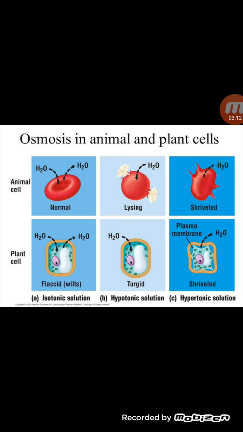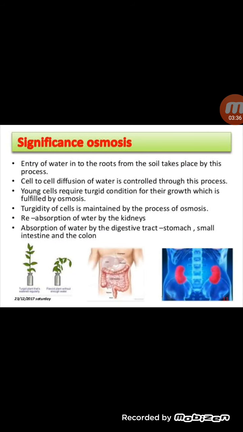So water will move out from the cell membrane, and it will fill the spaces between the cell membrane and the cell wall. So it is also plasmolyzed, but it does not shrink as much as the animal cell gets shrunk.